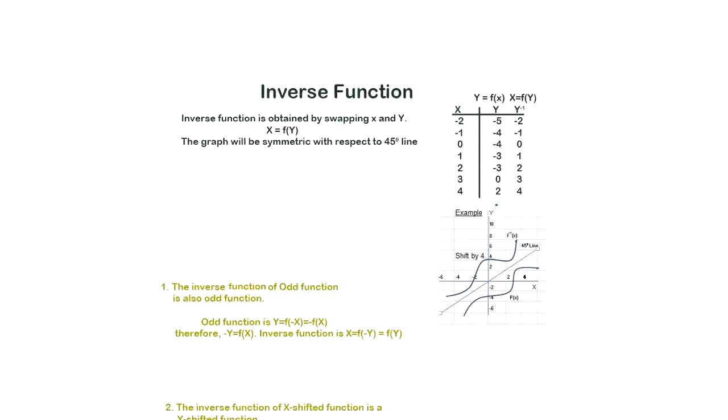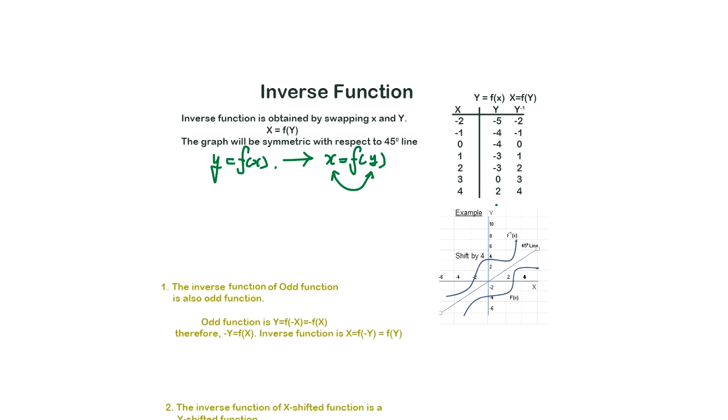The next function type is the inverse function. What is an inverse function? Well, when you have y equals f of x, the inverse function is x equals f of y. You swap x and y.